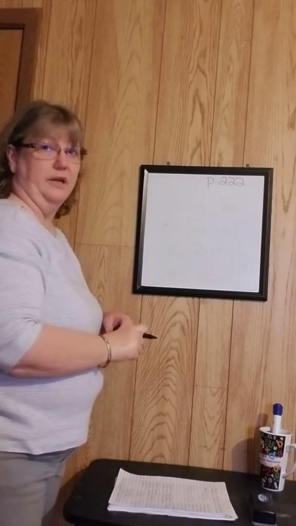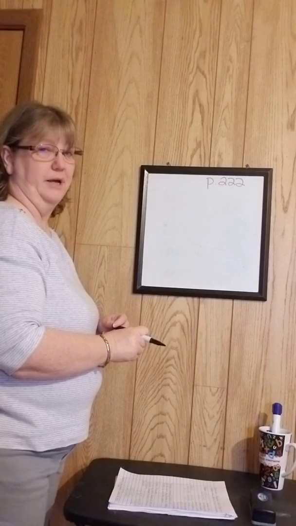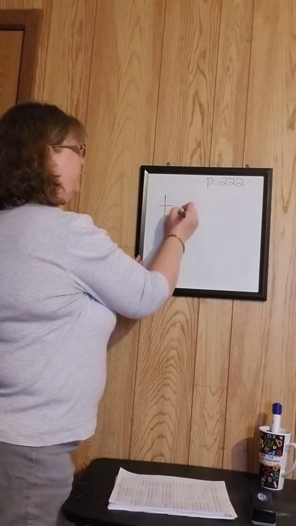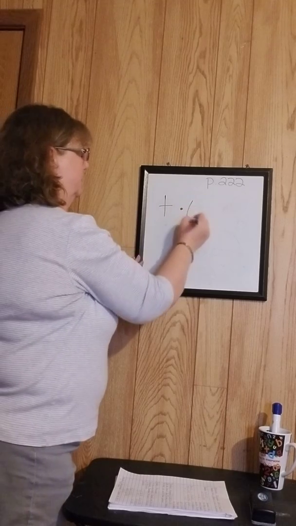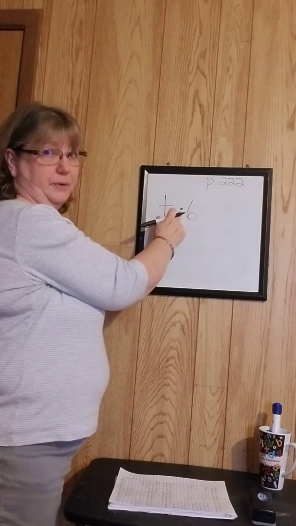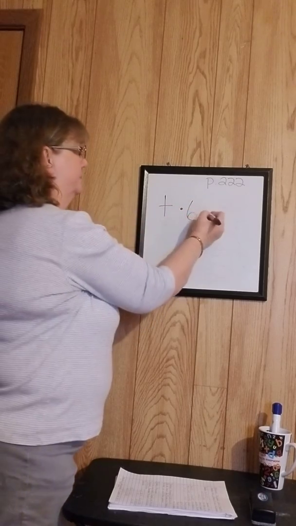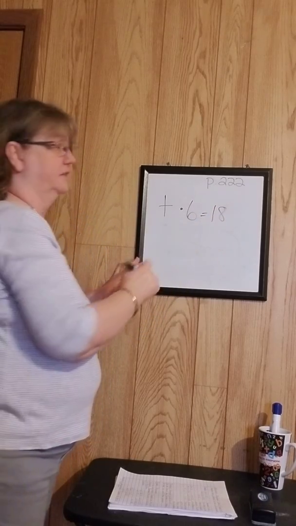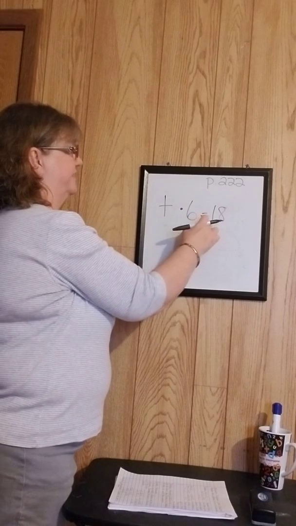The other example of how you're going to multiply on this page is with a dot. This dot represents multiplication as well. This time I'm using the 6. So t times 6 equals 18.